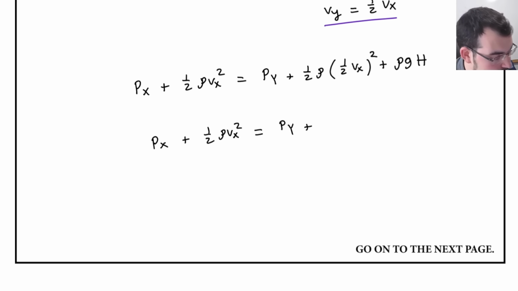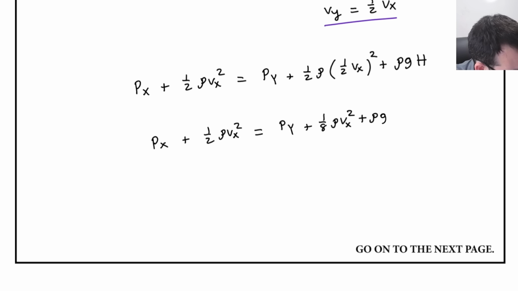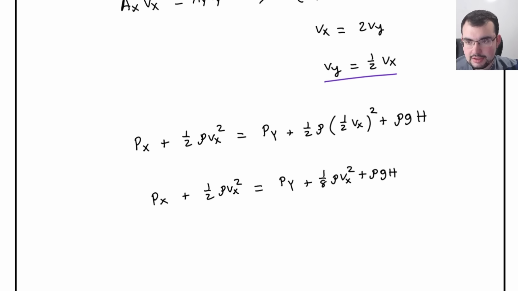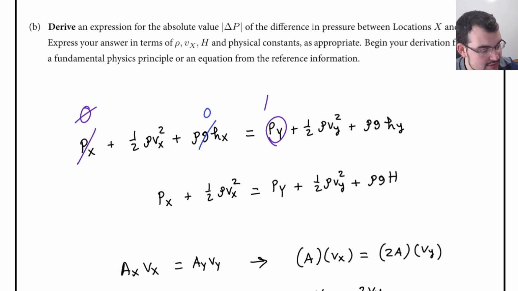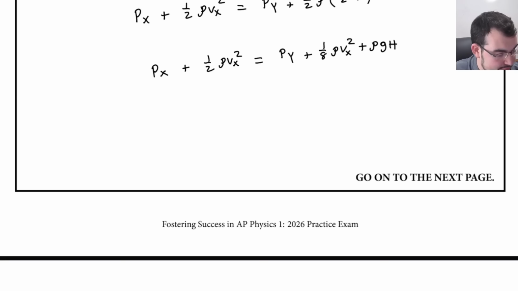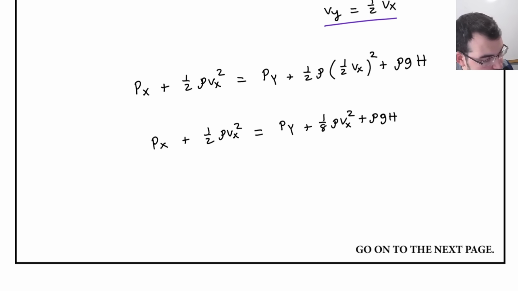So half of a quarter is an eighth, so plus 1/8 rho Vx squared plus rho GH. And we just solve for our pressure difference term. Now there's other ways of doing this where we could have actually set this point to 0 pressure and called this term delta P. That actually works too. But I'm just showing the more traditional way. So now I can just solve by moving some stuff around.